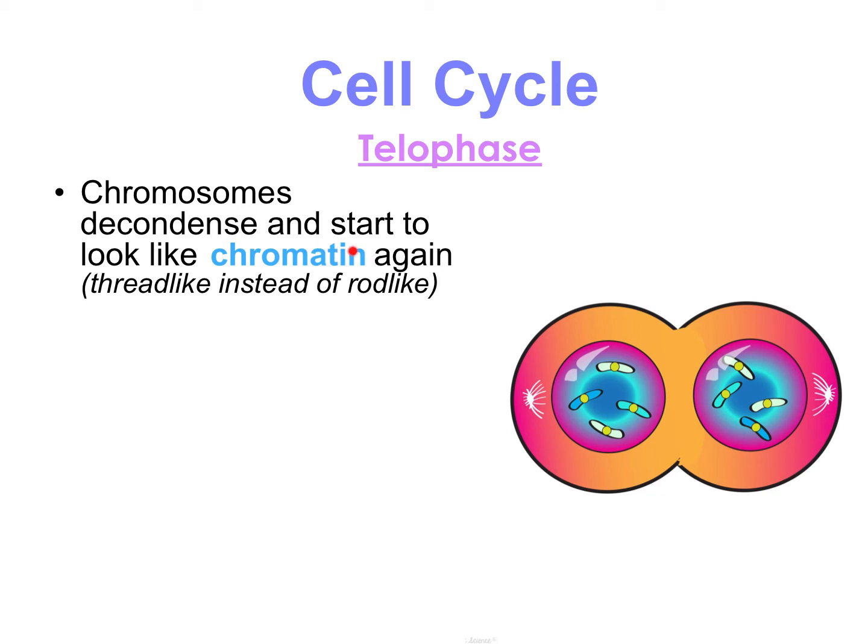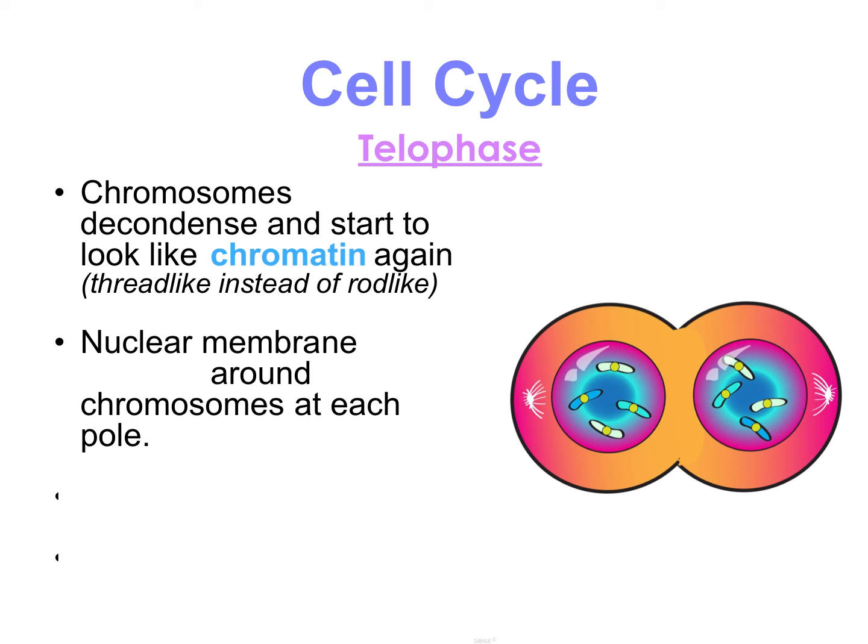So chromatin, ribbon, they rhyme, helps me remember it. So we can see DNA in mitosis and these nice fancy little rods all condensed together, but normally it's just a whole bunch of threads. And we're trying to go back to a normal cell, well, two normal cells. So our nuclear membrane reforms around chromosomes at each pole.